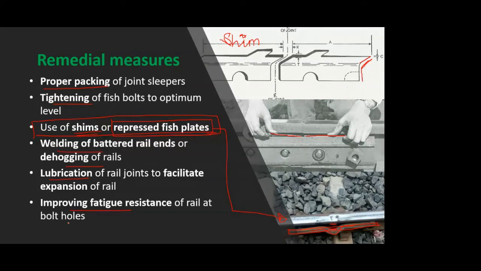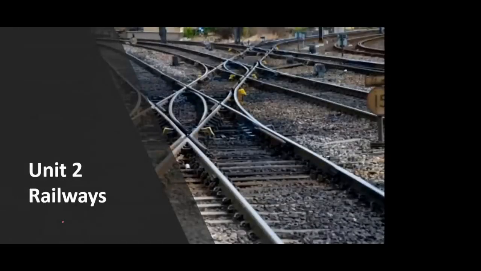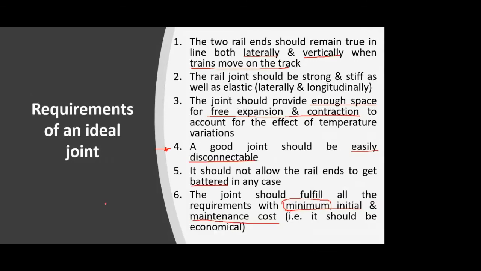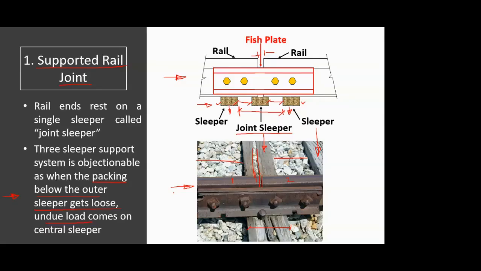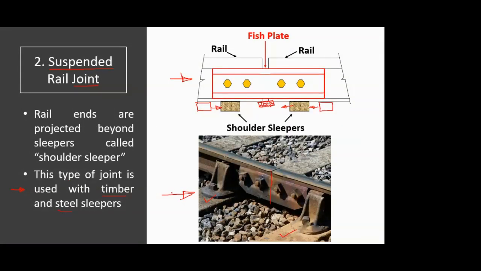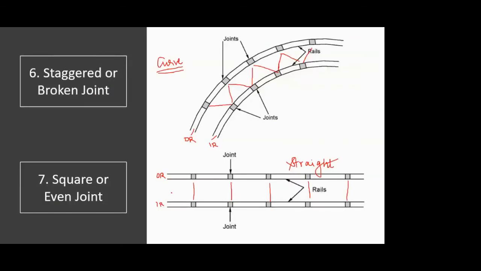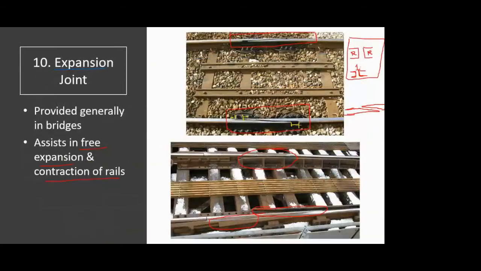So today we'll stop here, and I'll give you a quick glance of what we have completed. We saw what is a rail joint, then we saw ideally how a rail joint should be. Then we have types, 10 different types. Then we saw each type in detail: the supported, suspended, bridge, base, welded, staggered, square, compromise, insulated, and expansion.